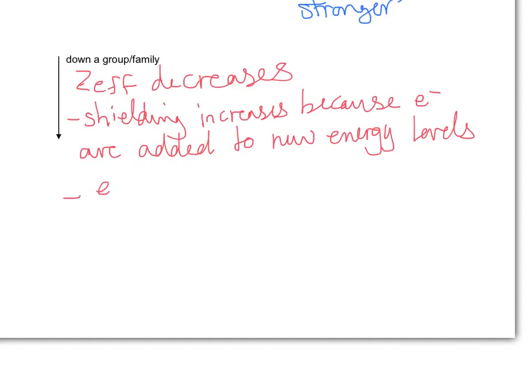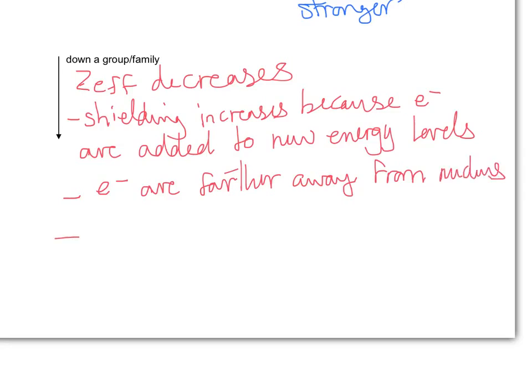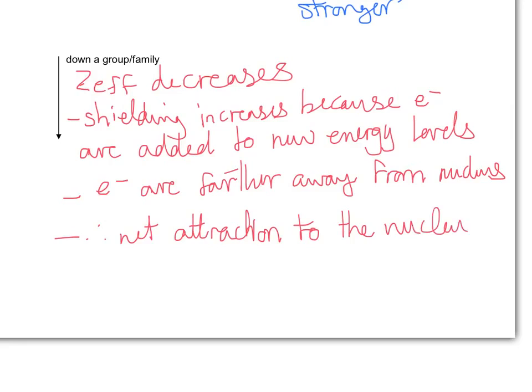So therefore, the electrons are farther away from the nucleus, and so therefore your net attraction to the nucleus, which is basically Zeff, is weaker or decreases.